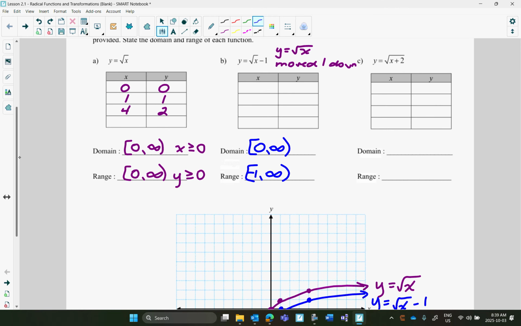This next one. What do you think you would do with this one? Take the original one, y equals root x, and move it 2 to the left, every point. So it's y equals root x moved to the left.